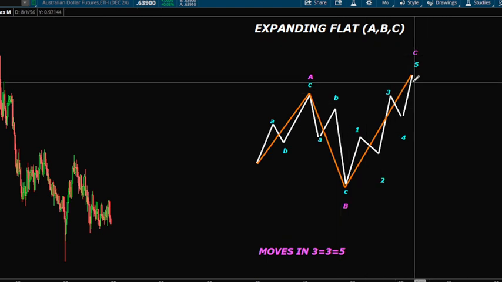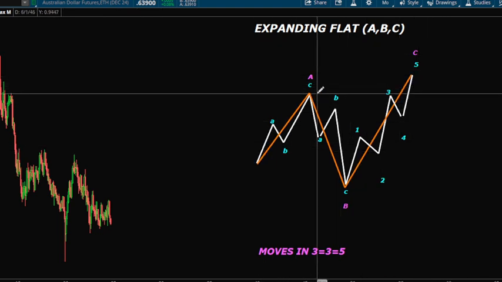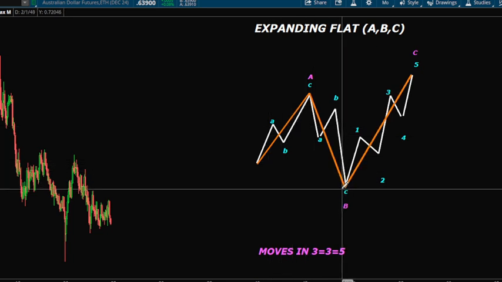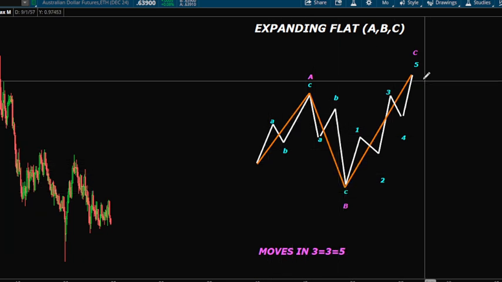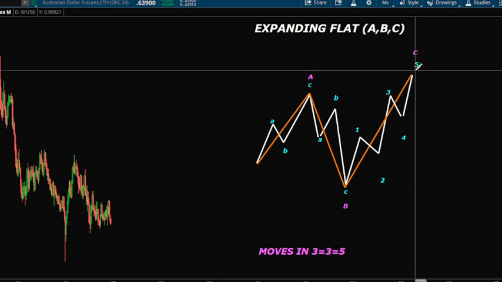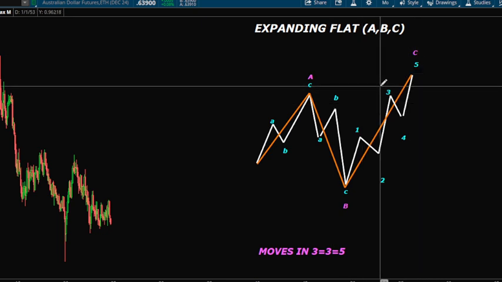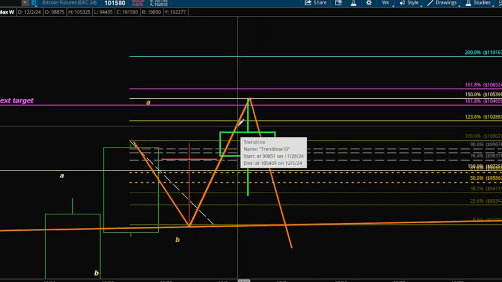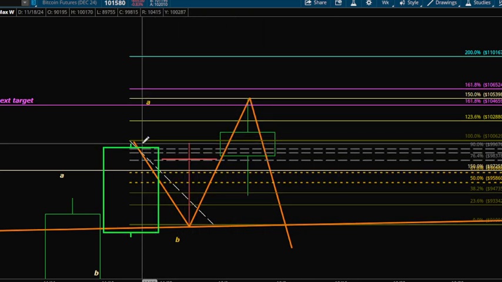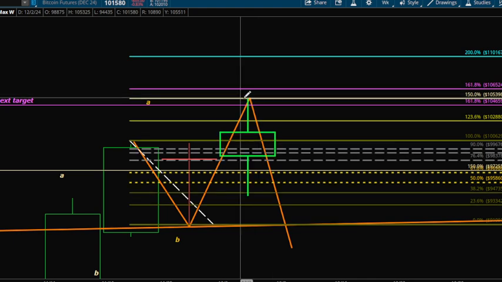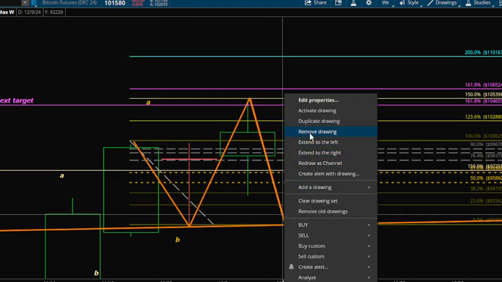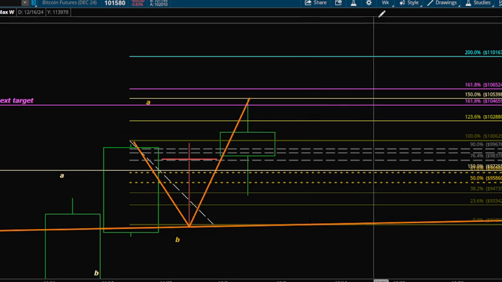Remember, this is reverse direction. So A, B goes past, would make a lower low in this case, and a higher high for this expanding flat. But for this one, it's going the opposite direction. So the B makes a higher high. Okay, and again, this is on the weekly time frame.